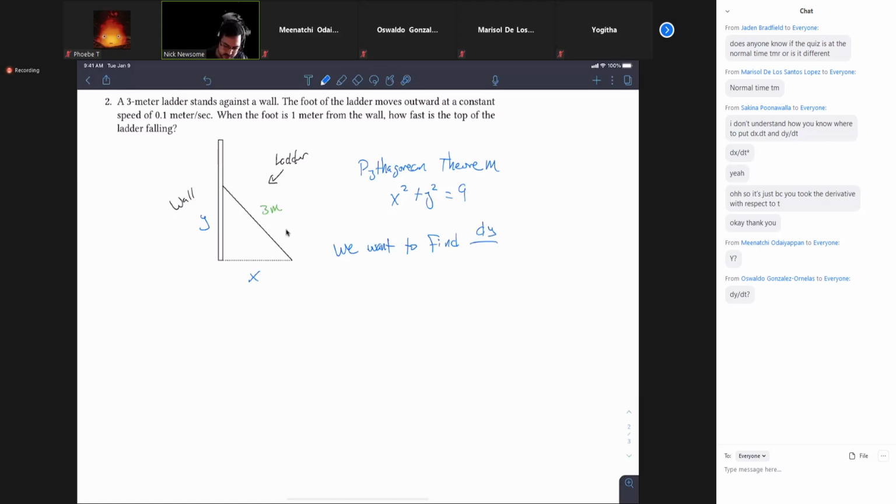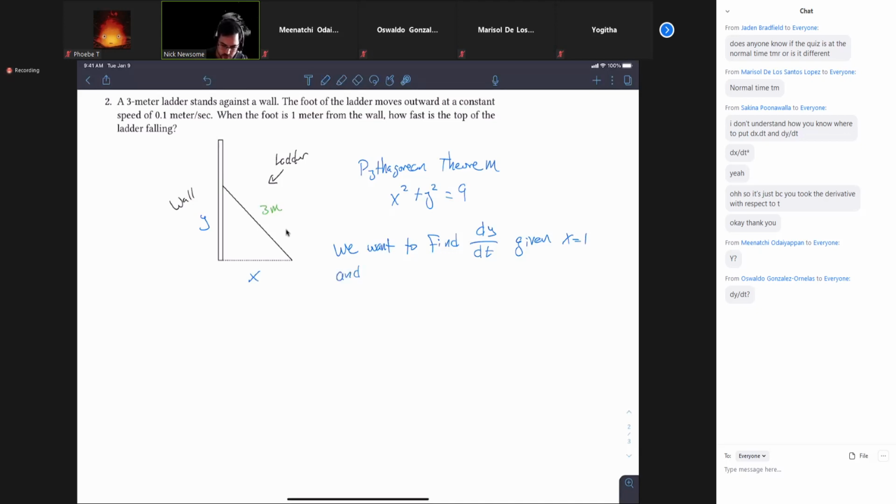That represents how fast y is changing, so the height of the ladder above the ground, with respect to time. That's what this fraction means: change in y with respect to time. So I want to find dy dt given that the ladder is 1 meter from the wall, so x is equal to 1.